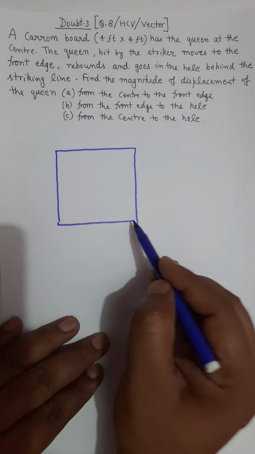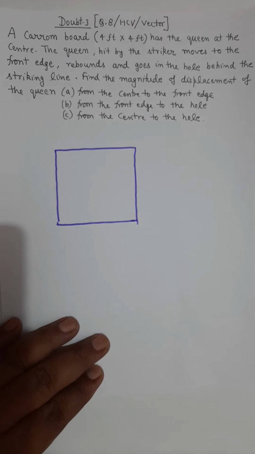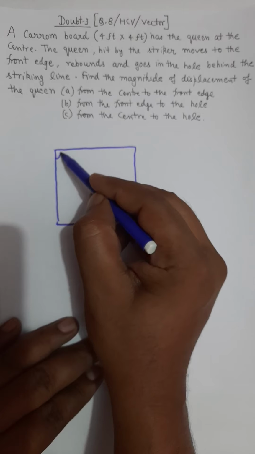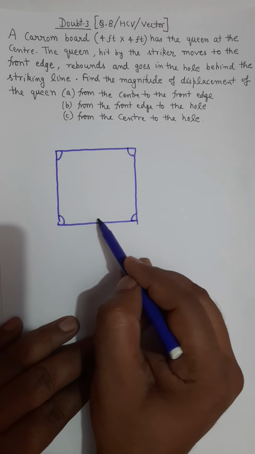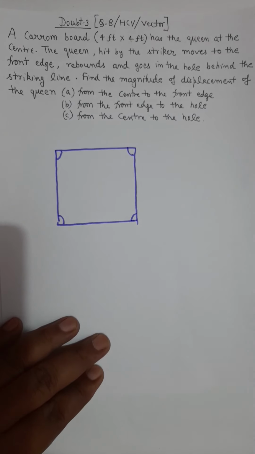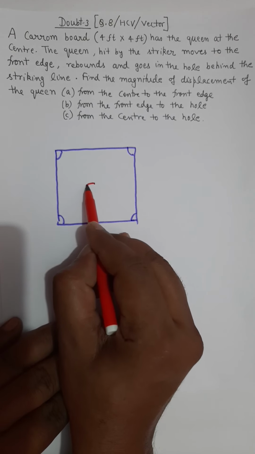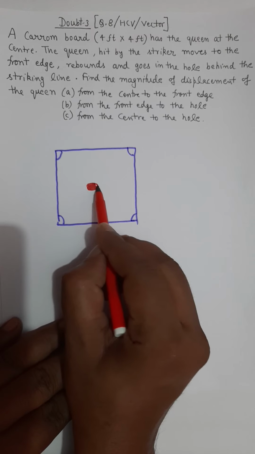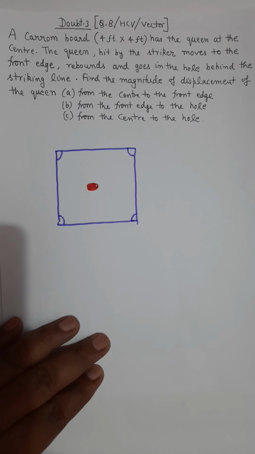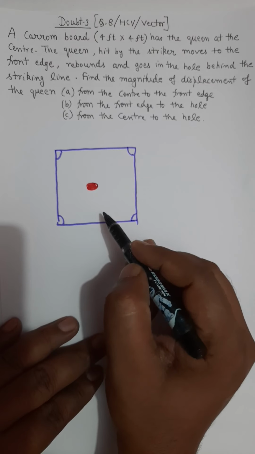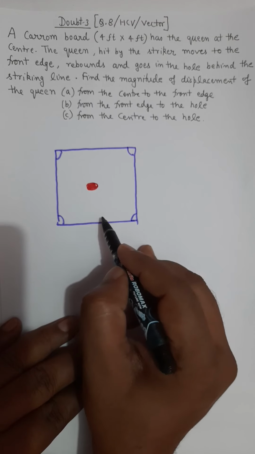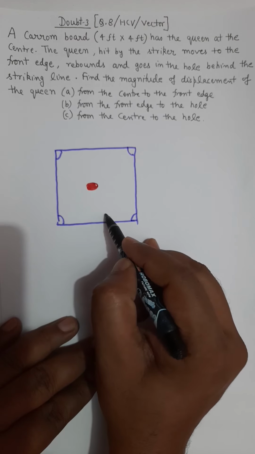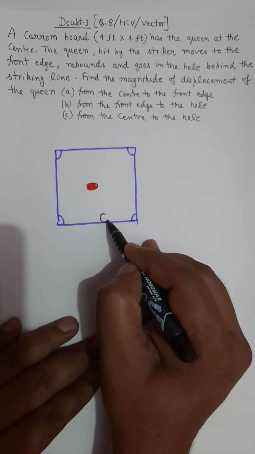So this square is representing the Carom board, which has 4 holes on the 4 corners. And let's say, as per the question, this Carom has a queen at the center point. It is being hit by the striker. Let's say the striker is at this point.